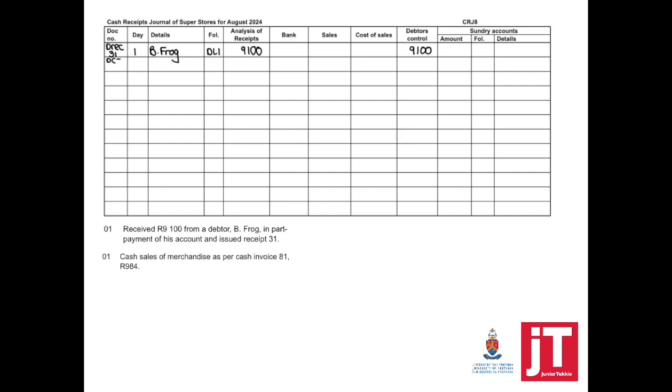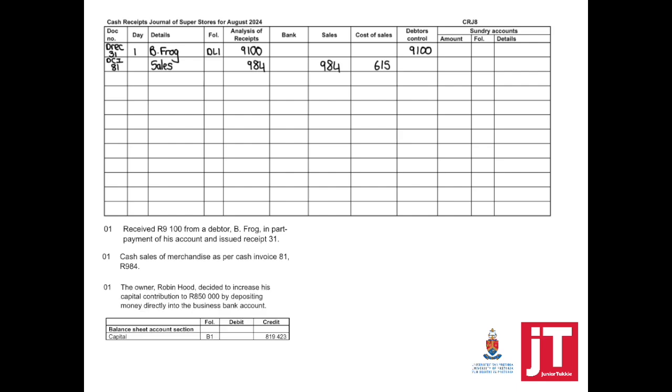So we start with the source document, duplicate cash invoice, my details, sales, amount 984, for what reason, sales, and to calculate the cost, take the selling price times 100 divided by 100 plus the percentage markup.